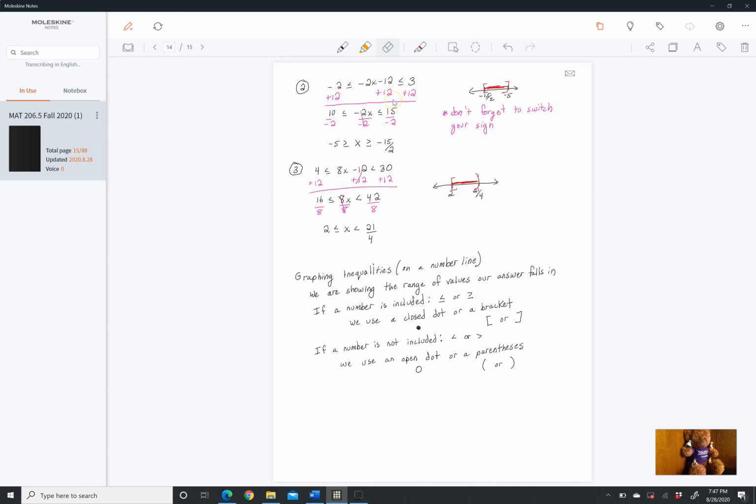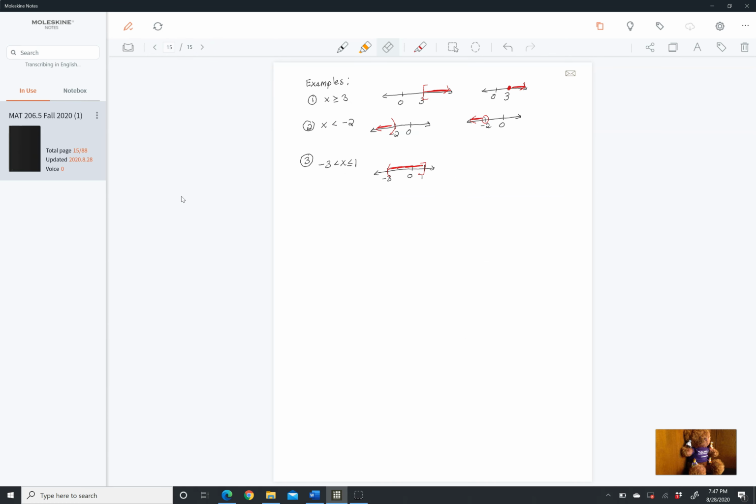Okay. One last thing. The last thing is something called interval notation. And this is really simple now because we already graphed. So interval notation gives you a range of values, and it's essentially the same exact thing as our graphing.